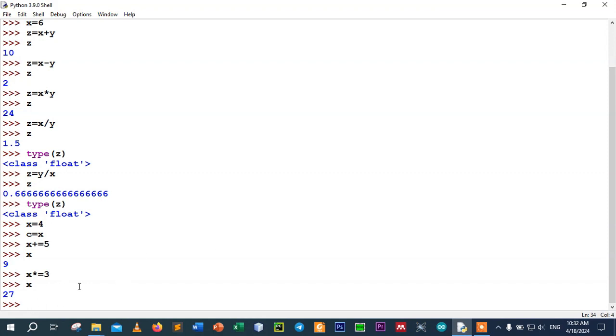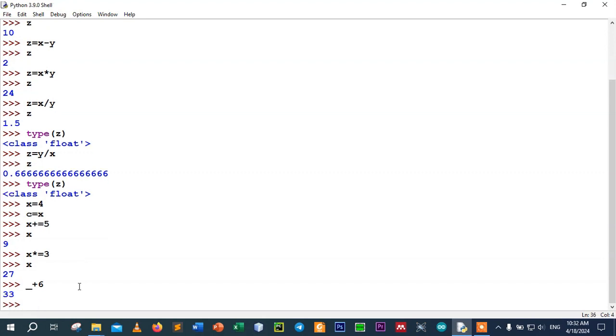What about underscore plus 6? Underscore means the previous, or last, output. So 27 plus 6 is 33.